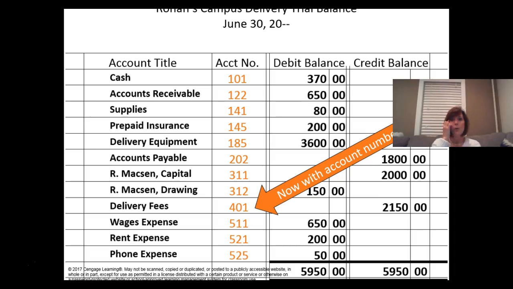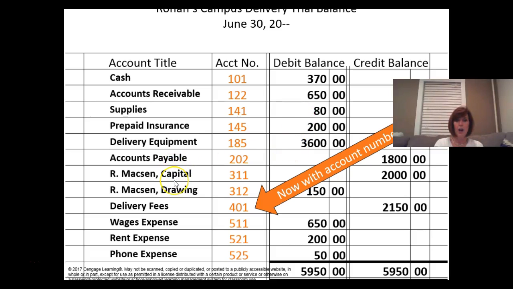All right, so now we've got Rohan's trial balance. All we've done is we've listed all of our asset accounts that we had entries in for this particular period and the account numbers for those, and then their balances, which are debit balances.